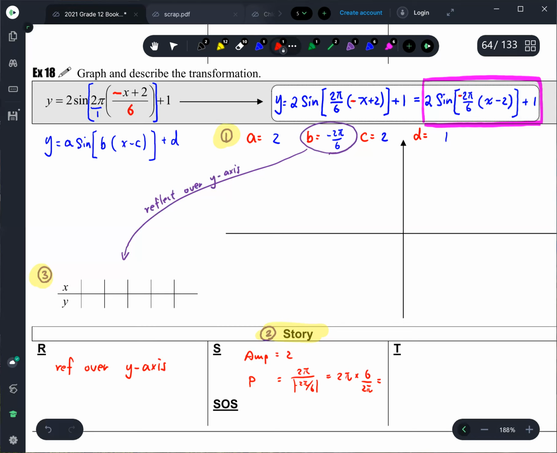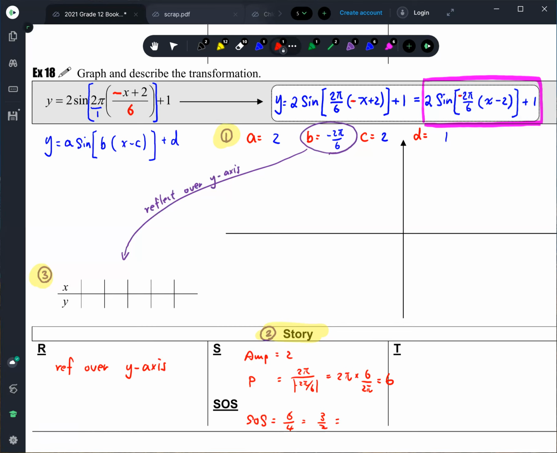Okay. And what would that equal? Just 6. Okay, so period is 6. And then the step size is 6 divided by 4. What's that? 3 over 2. Okay, yeah. So if we want, we can also turn that into decimal, right?